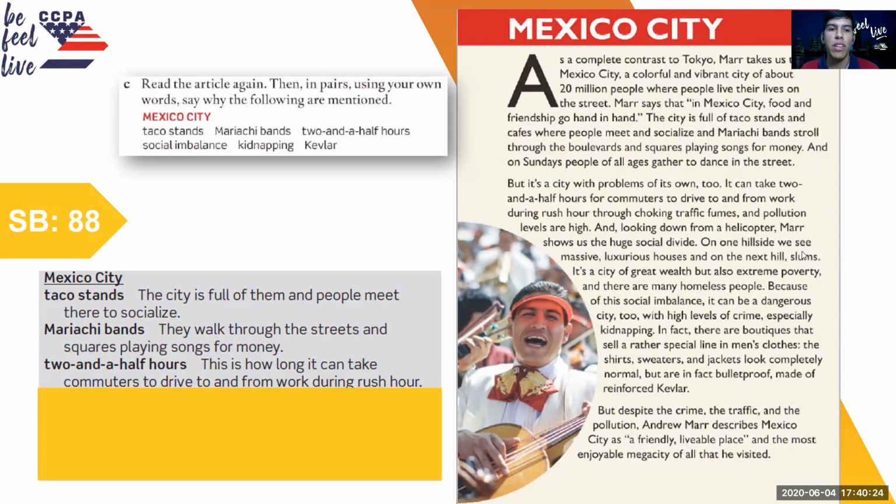Yeah, it's perfect what you're saying. Yeah, some people are very poor, and on the other hand, what happens? They are rich people. Excellent. So it is in the second paragraph, and it tells us on one hillside we see massive luxurious houses, and on the next hill, we see slums. Slums are very poor neighborhoods.